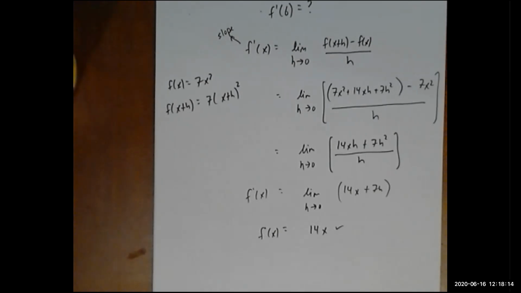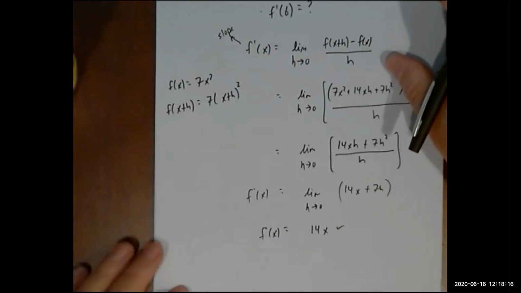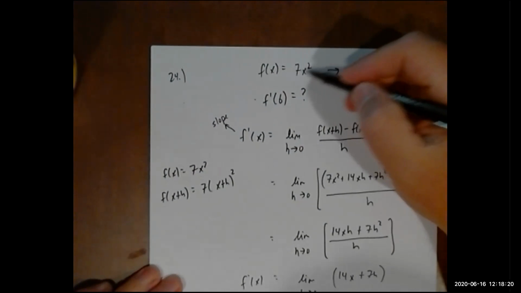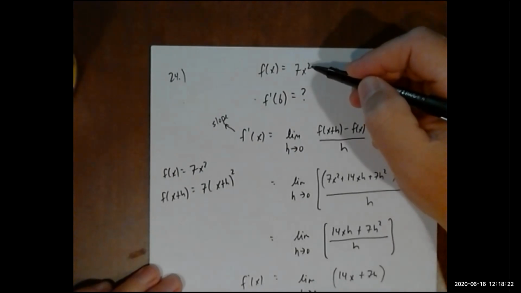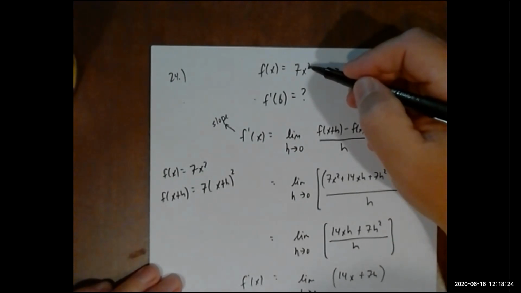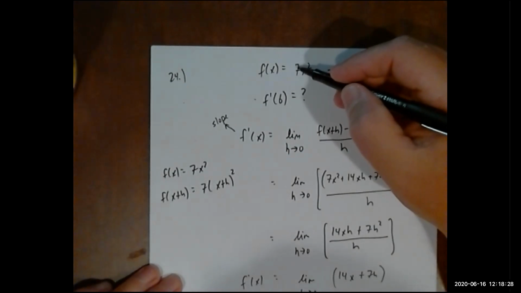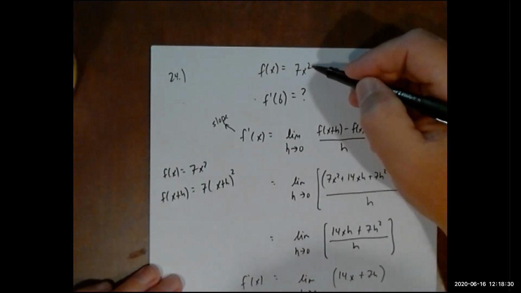Now, what's interesting, since you're doing a review, you've already learned that if you're given 7x squared and asked to find the derivative, you just bring the exponent down front. 2 times 7 is 14x, and you subtract 1, you get 14x.